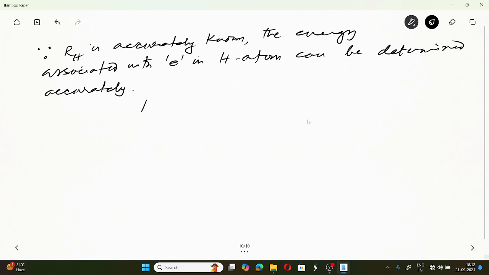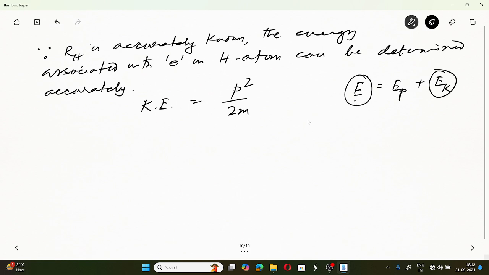Now we know that this kinetic energy equals p square by twice m. Now if we can calculate the total energy accurately, we know from Bohr's theory that this total energy equals EP plus EK, right? And this EP and EK, they are related. You know that this total energy, with this EK and EP, they are related from Bohr's theory.